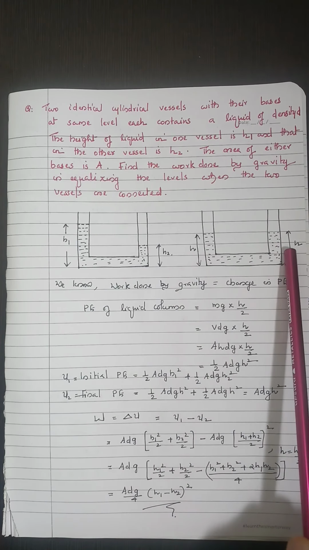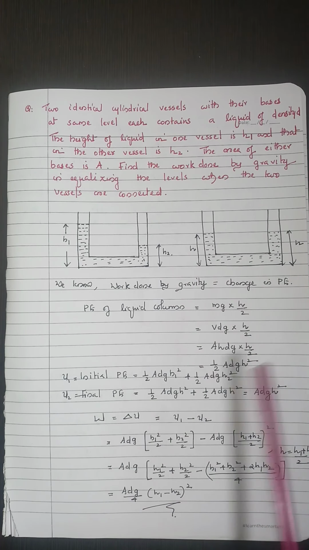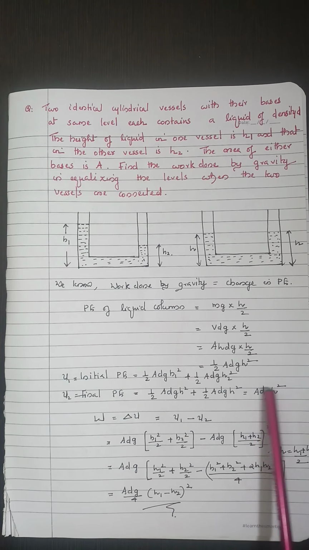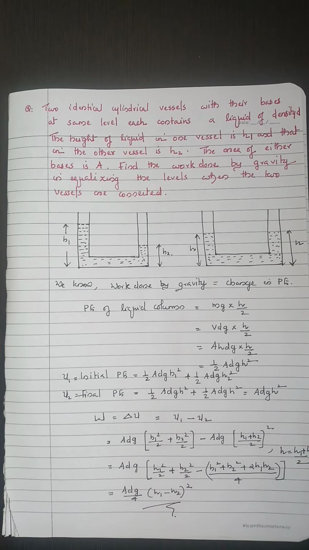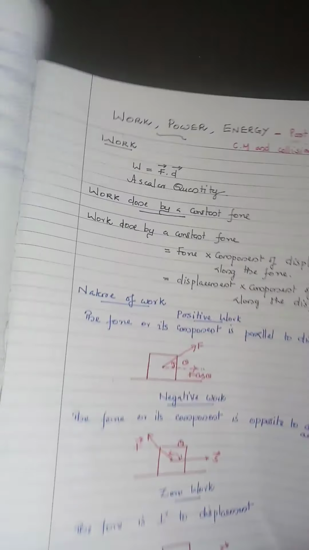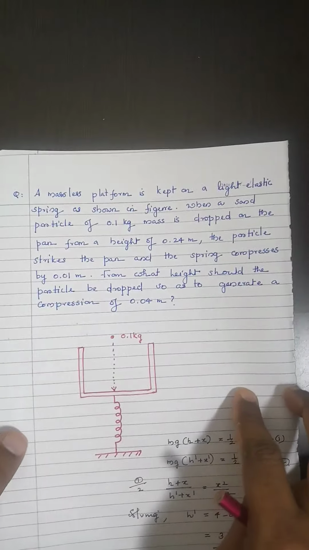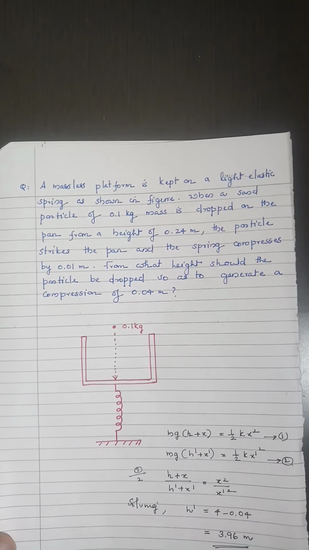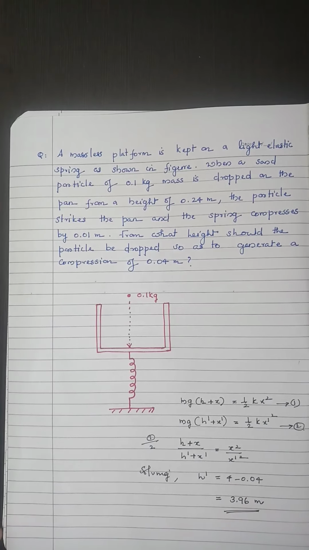What is the final case? The two limbs are equal in height, so we can write it as 2 times this value. Then what is the change in potential energy? You arrive at that concept. Here is a very important question for JEE Main and for IIT aspirants.